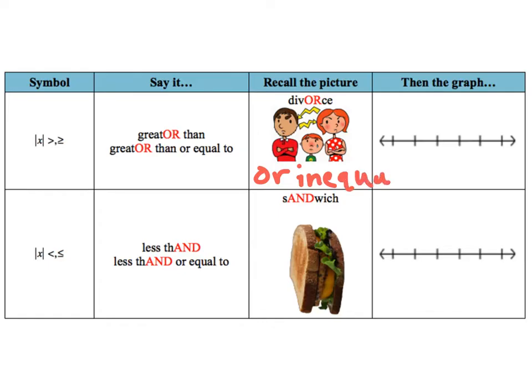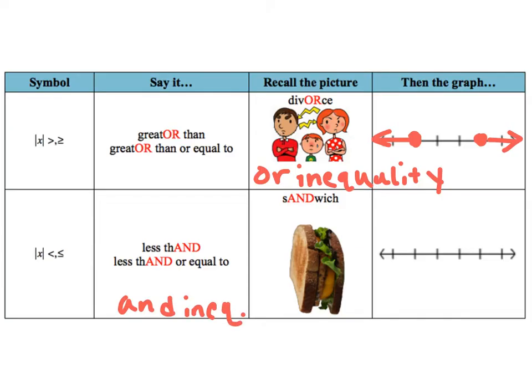And what that means is that we're going to have two separate inequalities going in opposite directions, just like we have with our compound inequalities before. And if we have something that was less than or equal to, we can think of that as being an and inequality.